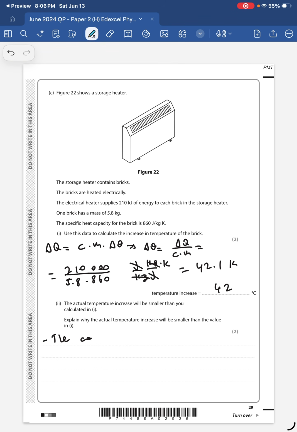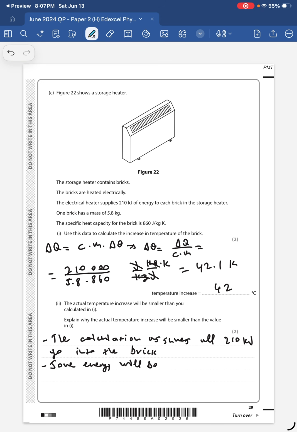So the calculation assumes that all 210 kilojoules go into the brick, which is not the case. We will lose some heat to the surroundings. So some energy will be lost to surroundings.